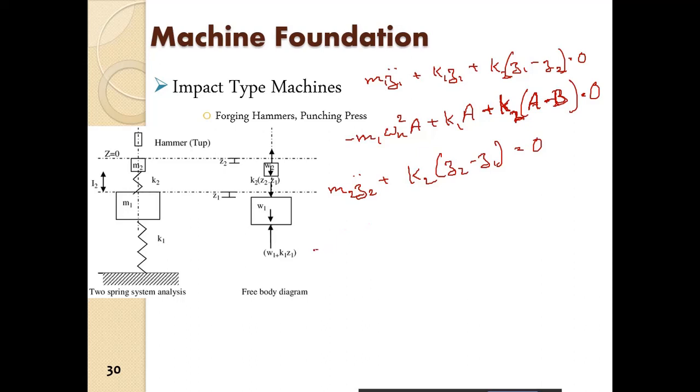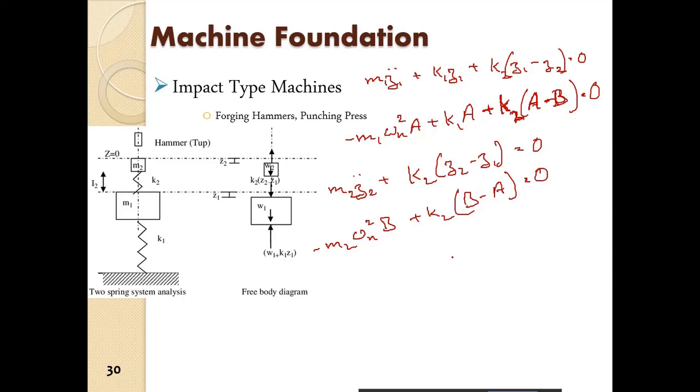So here it will be minus m2 omega n square b plus k2 into b minus a.